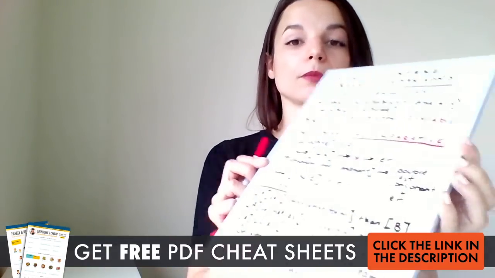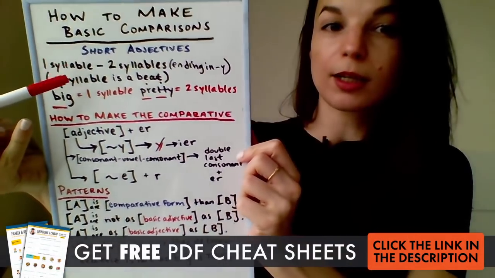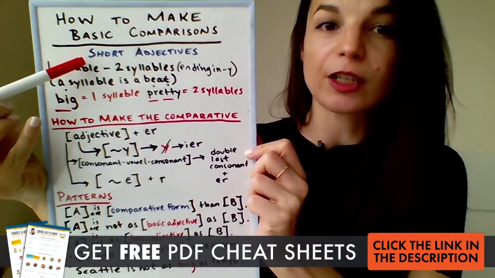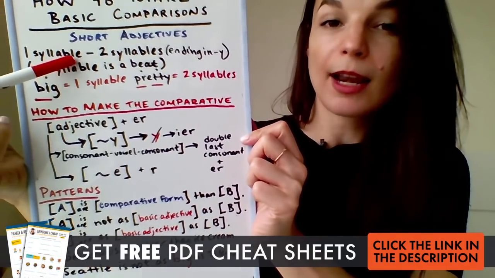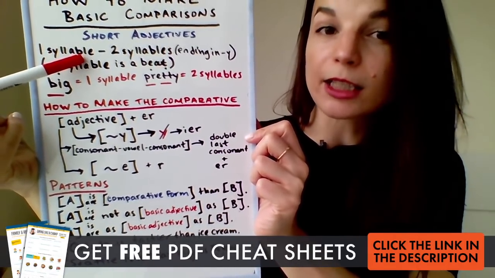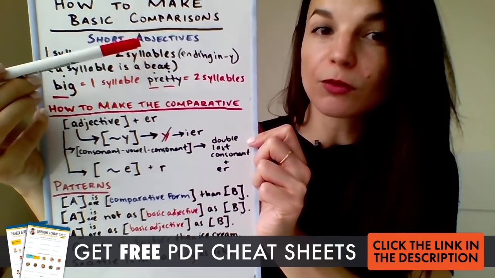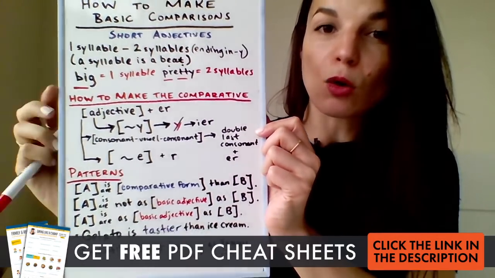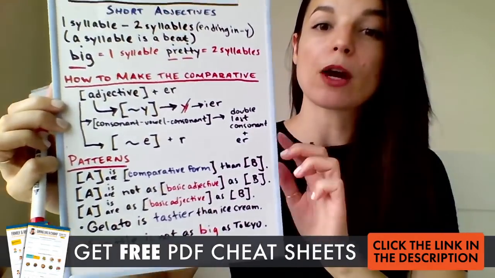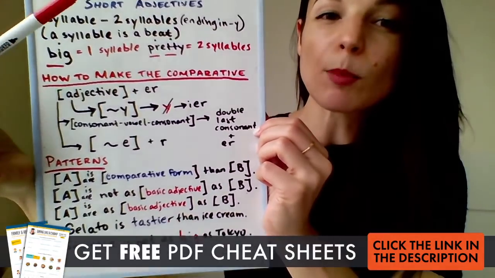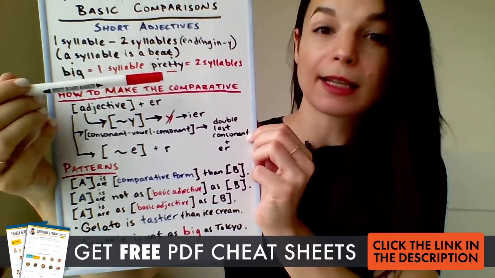So, here we go. How to make basic comparisons with short adjectives. So, what does short adjective mean? This means an adjective that is one syllable to two syllables, but two-syllable adjectives, for this rule, they end in Y. So this is an important point for this comparison rule. What is a syllable? A syllable is a beat. It's like the beat in a word.